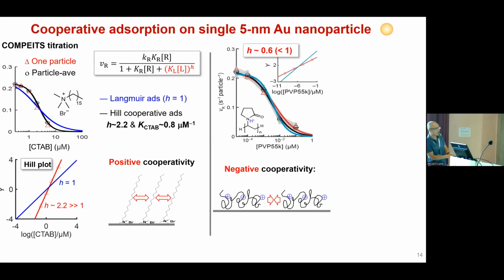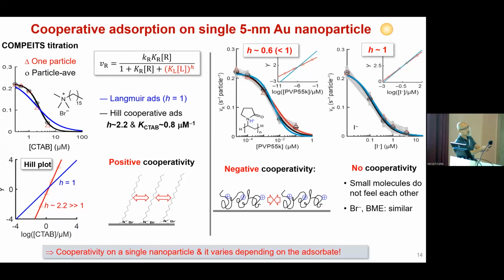Now you can study this similarly, looking at the polymer PVP, and you titrate it. It turned out Hill coefficient is 0.6, smaller than 1. So PVP adsorption on gold nanoparticles has negative cooperativity. Okay, so we think it's because at neutral pH, this polymer is positively charged, so you have electrostatic repulsion and that gives you negative cooperativity in adsorption.